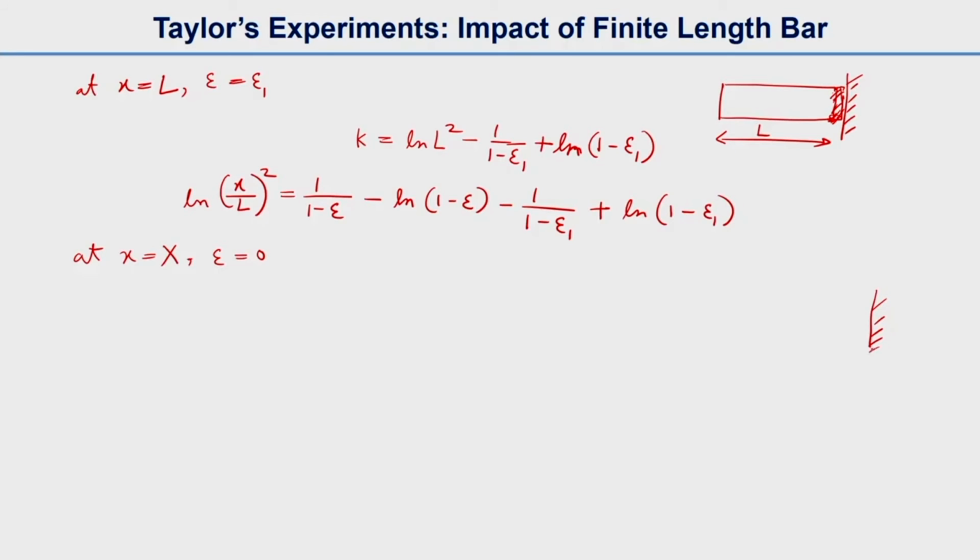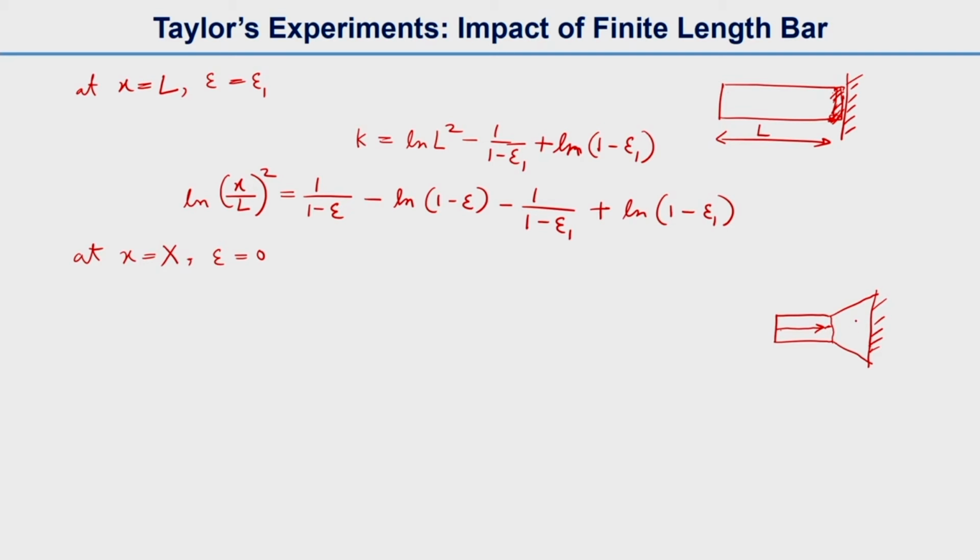Suppose this is the rigid wall. The final shape of the projectile will be like this. What happens when the release wave goes back from the free surface and meets the plastic wave here? Then the deformation will end and the strain will be 0 at that point.